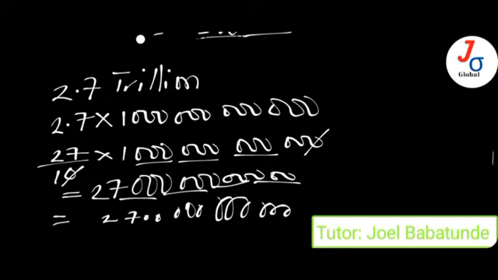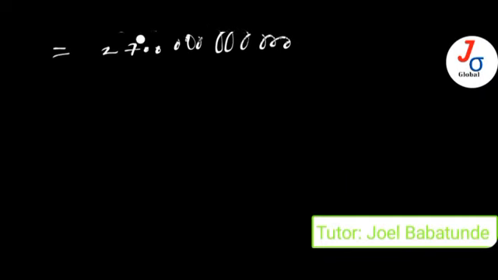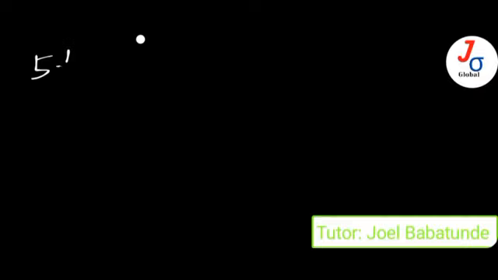All right, so let's take the last example before we call it a day. Let's take our last example: 5 and 1 over 4 billion. So how do you write this in digits only? I could write this 1 over 4 as a decimal.